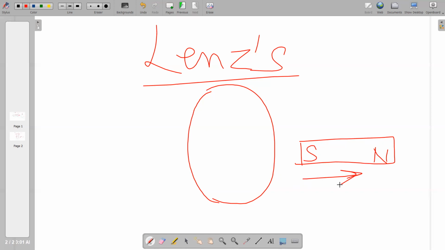What do you mean by opposite? Clockwise or anti-clockwise? Anti-clockwise. It should be anti-clockwise because the south pole is going away, so it should oppose it. It should attract the south pole back, so it should induce a north pole on its face. And when it induces a north pole, the direction of current should be anti-clockwise to produce a north pole on the face of the coil.